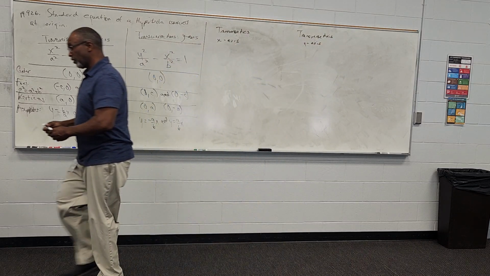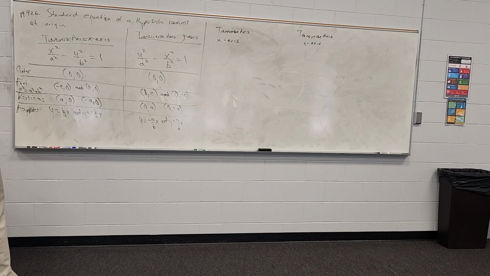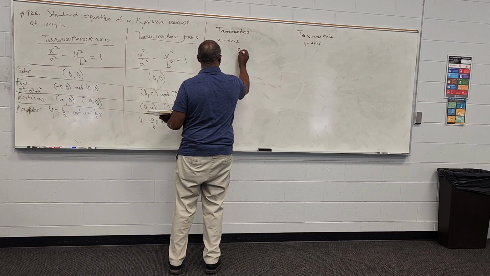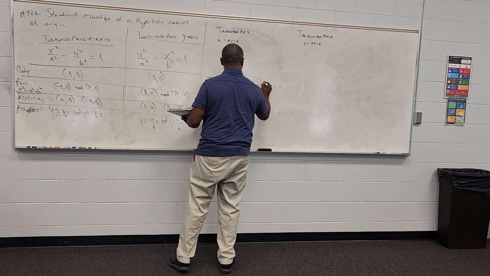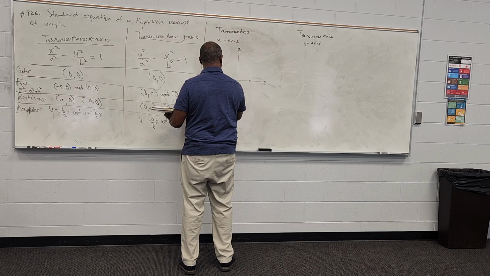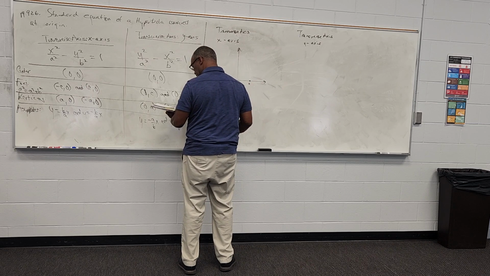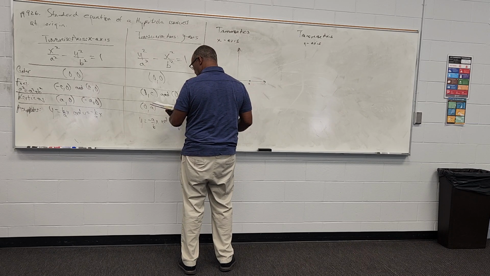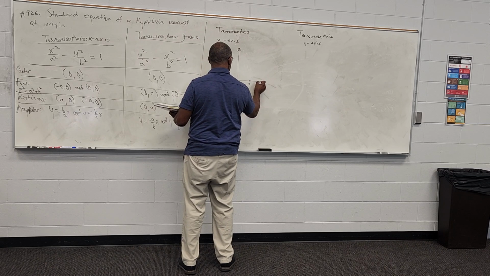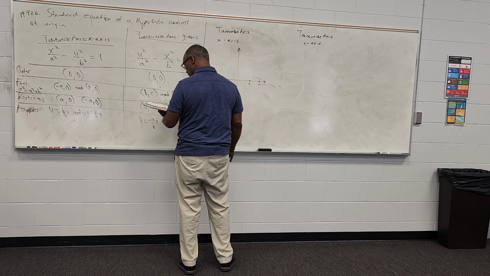And again, you can look at these graphs on page 926. So for this one, I'd have negative a and a. Okay. I'd have negative c and c. Okay.